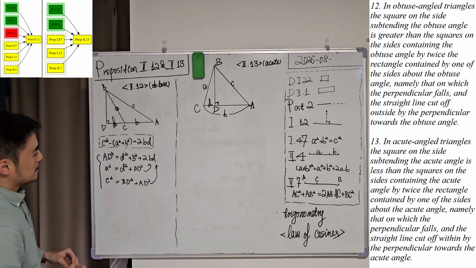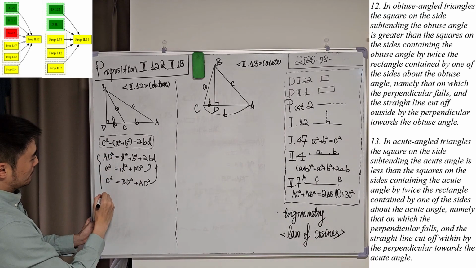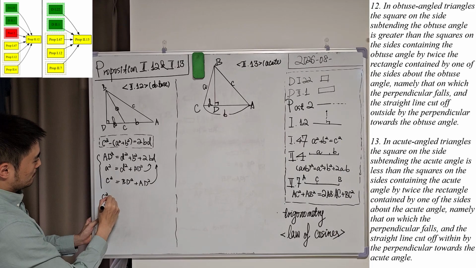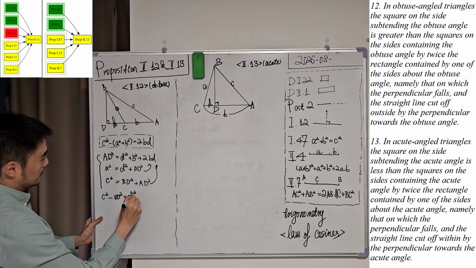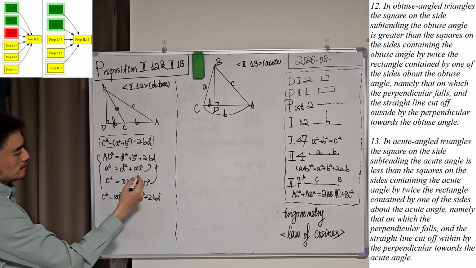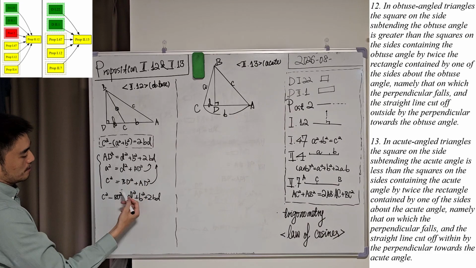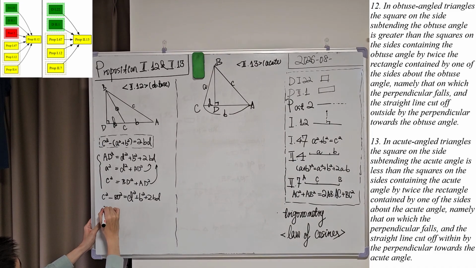So we have that AD square here, so let's plug it in. Then we have C square minus BD square will be equal to this, correct? And then let's plug BD square in here again. So we have C square minus BD square will be A square plus D square will be equal to the right side.